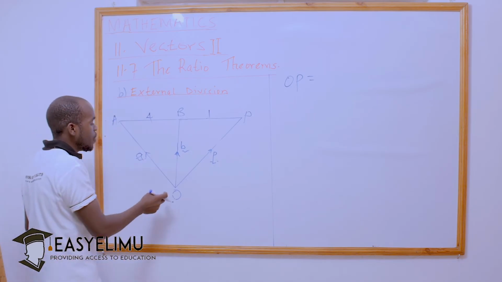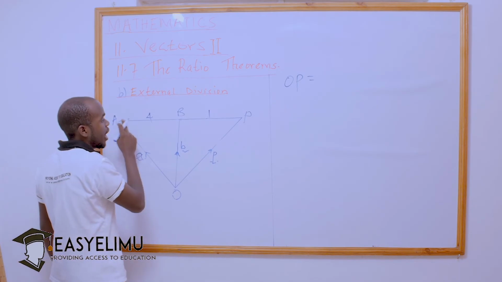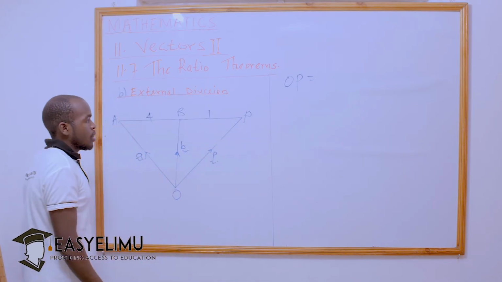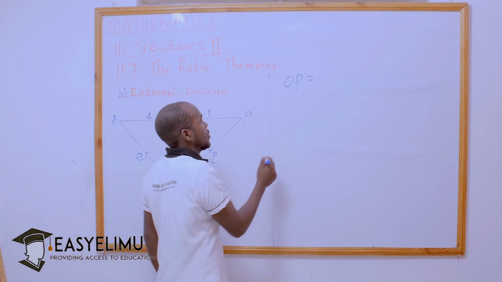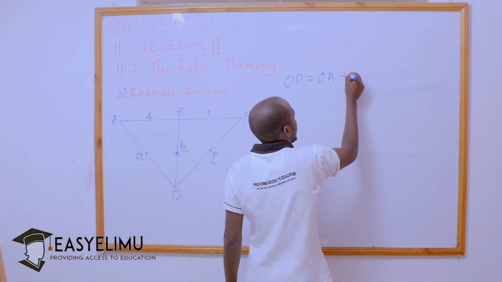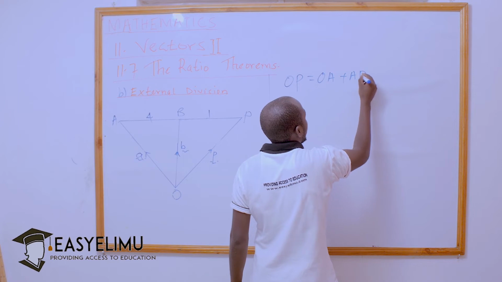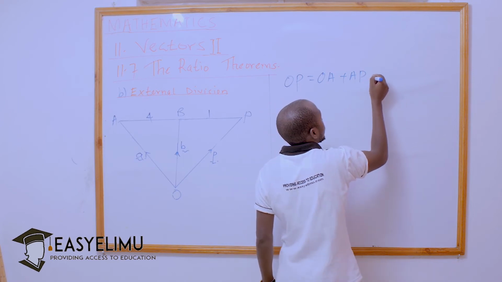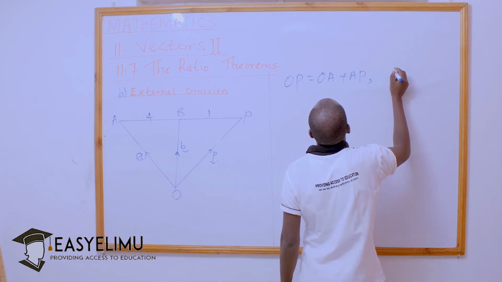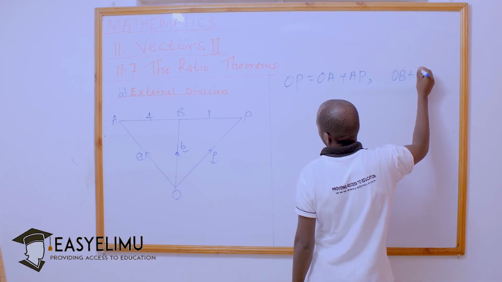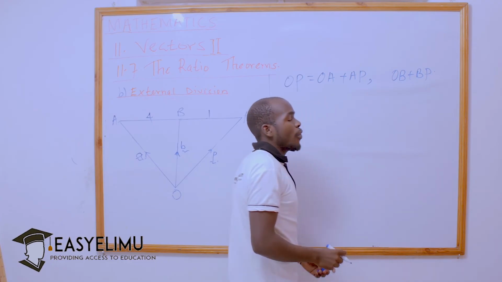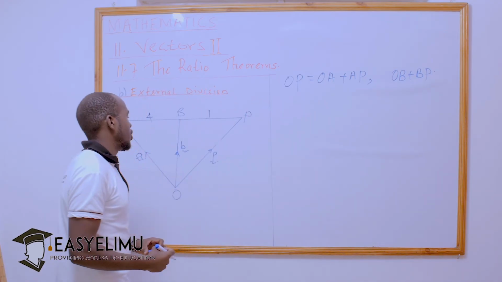One way may be OA plus AP, or OB plus BP. Either way will give you what you want.